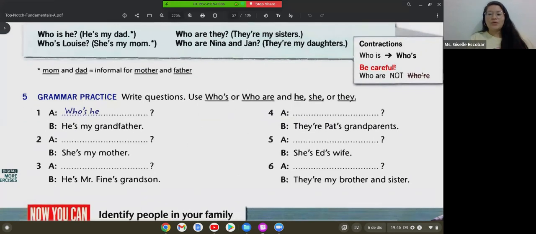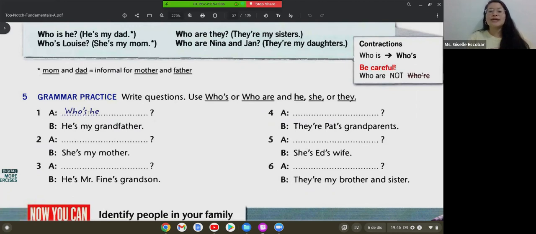So let's see. Ya tenemos las respuestas. All we have to do is write the questions. And we have the first example. The number 1 is already done, ya está hecha.